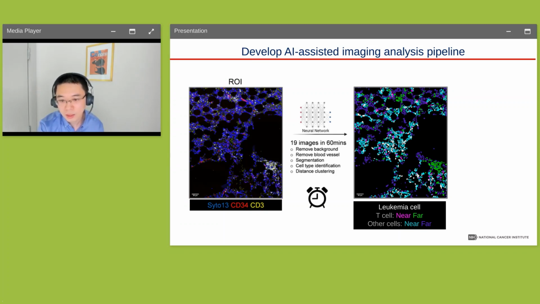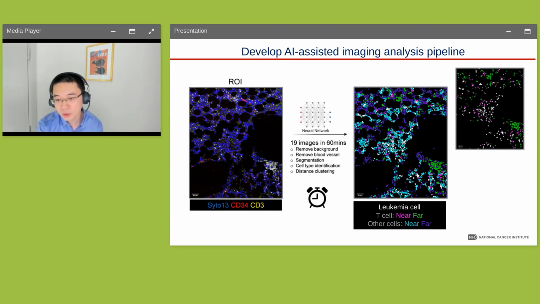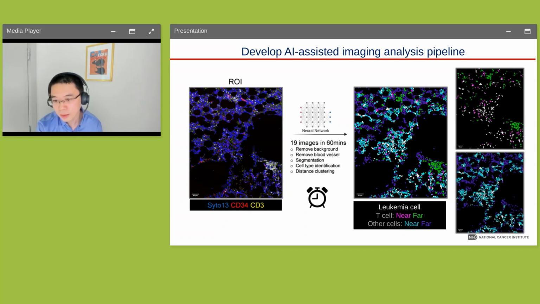As you can see here, this is the image processed by the imaging analysis pipeline, and we can separate the T cells into near and far: the magenta cells, and the far T cells, those are the cells in green, and the leukemia cells are in white. And the other cells, those that do not express CD34 or CD3, are also divided into near and far.